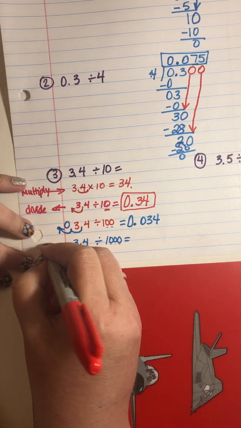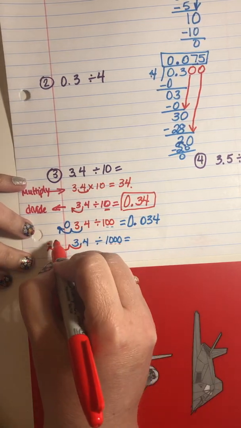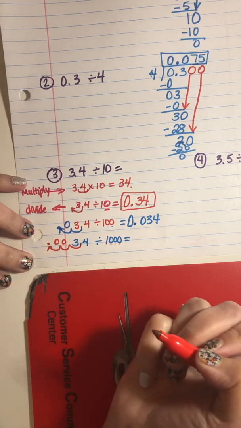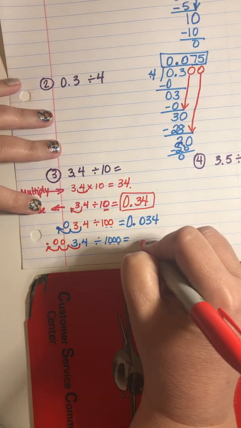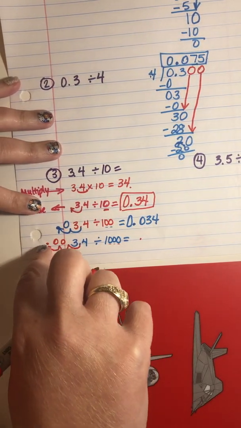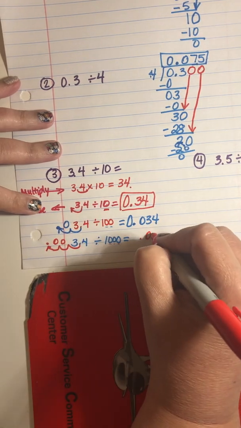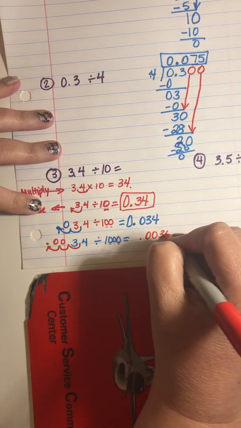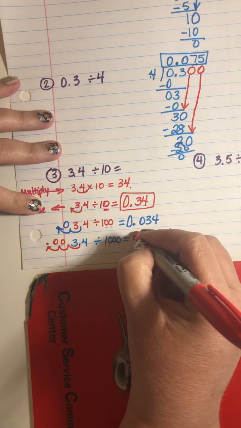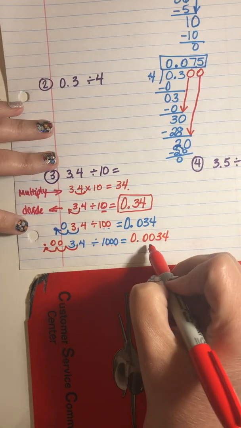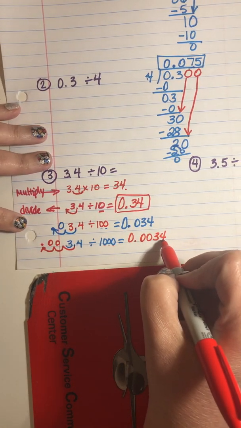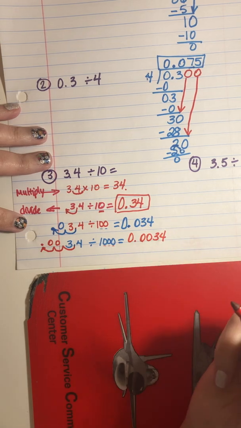My decimal point's going to end up right here. I have 2 empty places that I need to put zeros in. So I have my decimal point, and then two zeros, and then 3 4, and I put my 0 up front because that's the proper way to write it. And my answer becomes 34 ten-thousandths.